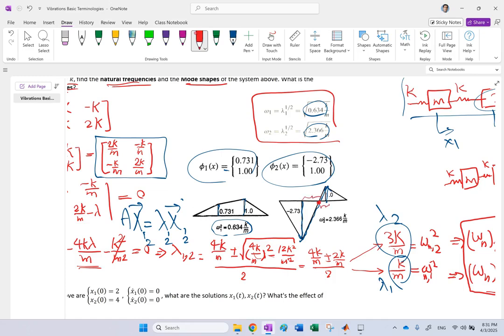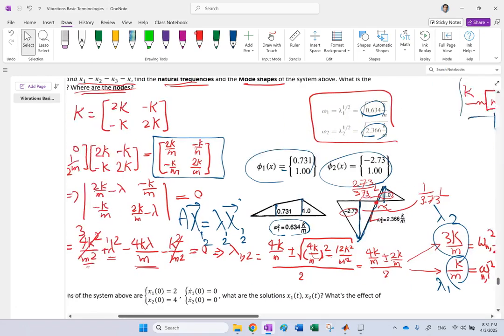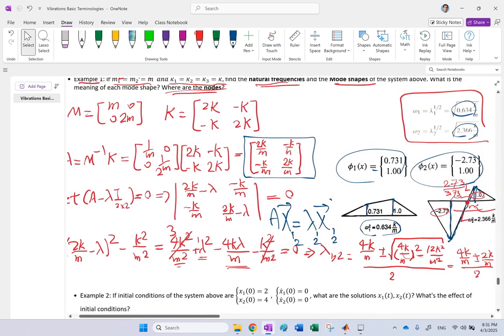If the whole distance between them is L, it should be divided by a ratio of 2.73 to 1. So this part is 2.73 over 3.73 L, and this part is 1 over 3.73 L, if again this whole thing is L. So you can find the location of the node as well with similar triangles.